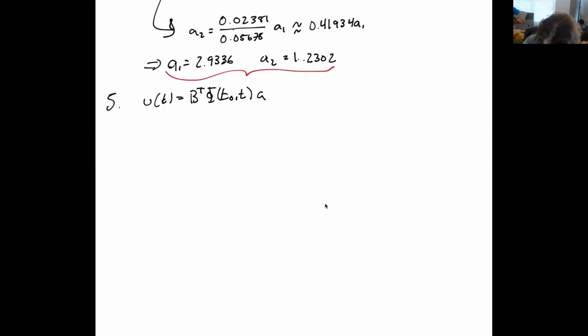So this will lead to, input our B matrix here, transposed, at 0, 1.